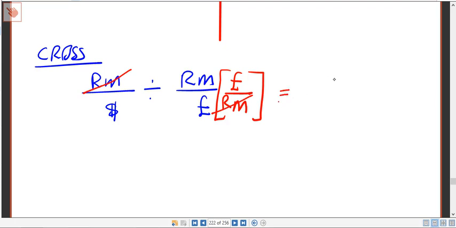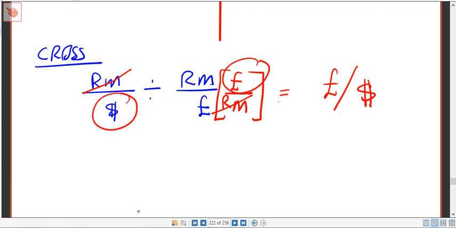What comes first? Pound over RM. Okay, is it pound per dollar? Pound on top, dollar still remaining. RM gone, correct or not? RM is gone. So we got pound per dollar.